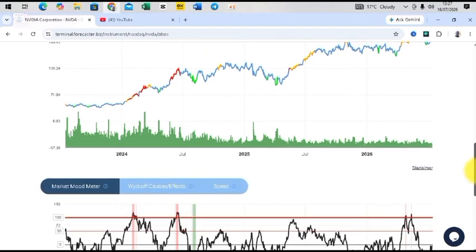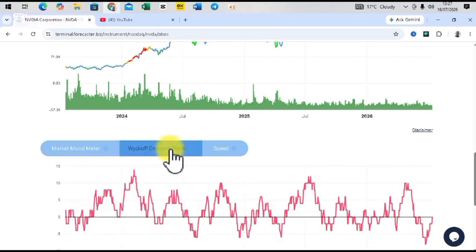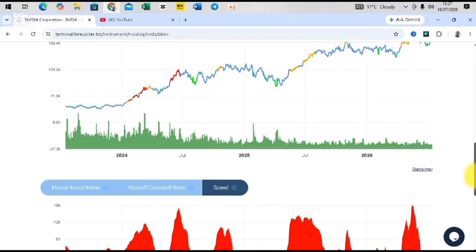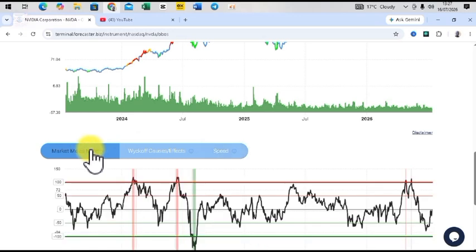So when we slope down, you will see the market mood meter. You also see the Wyckoff causes effect and the speed. So you can see it has 3 layers within the overbought and oversold region. Let's first understand the market mood meter to see how it works.